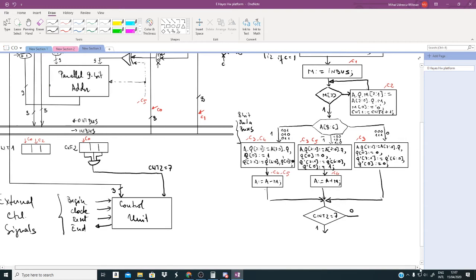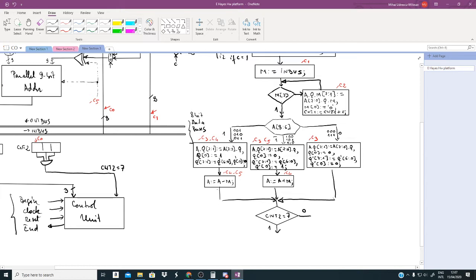If it is 0, then we go here and we increment the counter. Okay, and then we are going back here.